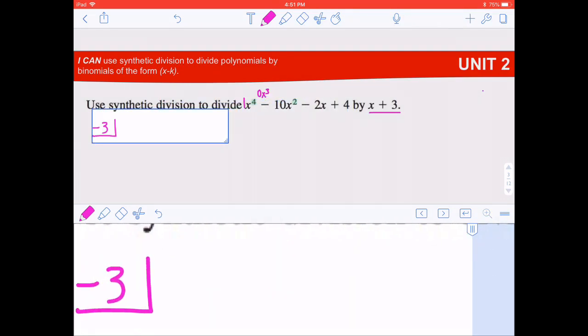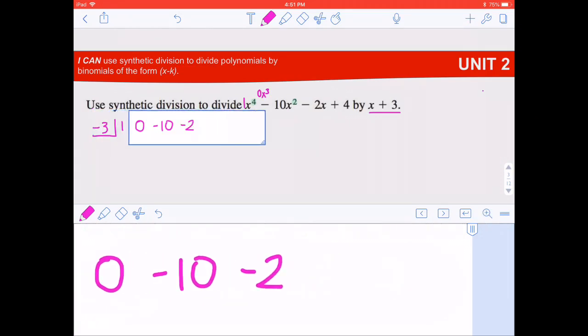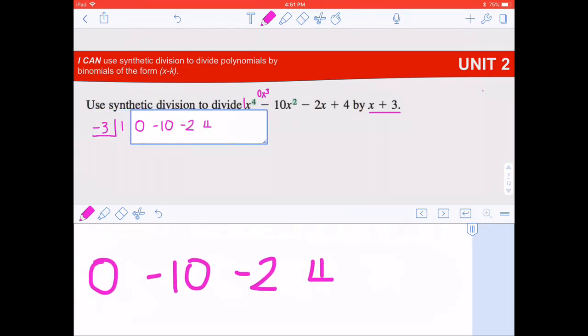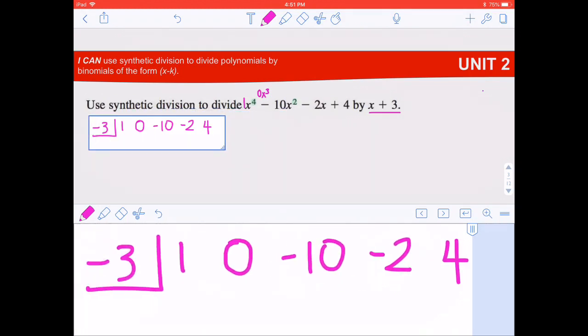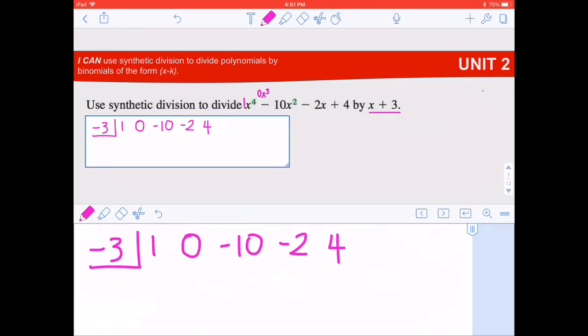So I'm putting 1 for x to the fourth, 0 for x cubed, minus 10 for the x squared, minus 2 for x, and then a 4 for the 4. That's my initial setup. I'm going to automatically just bring down the 1, just like that.